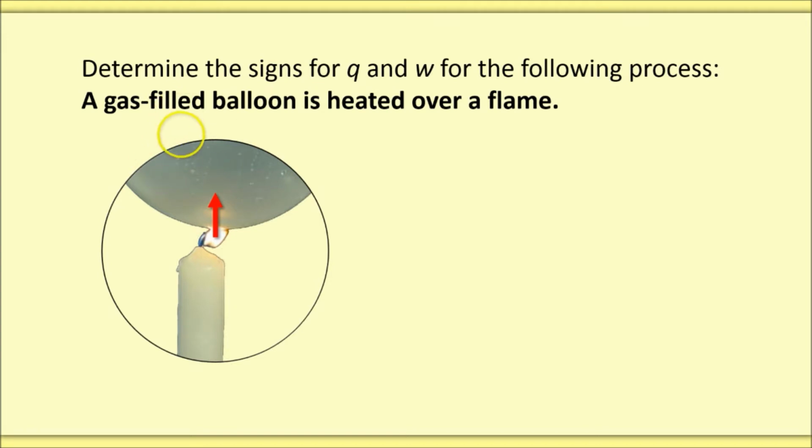And remember, we said last time that we're going to consider the balloon as our system. So if heat's going from the flame into the balloon, the flame is part of the surroundings, the balloon is our system. So heat is going into the system, which means Q is greater than zero, which means it's positive. Okay, so heat came from the flame into the balloon.